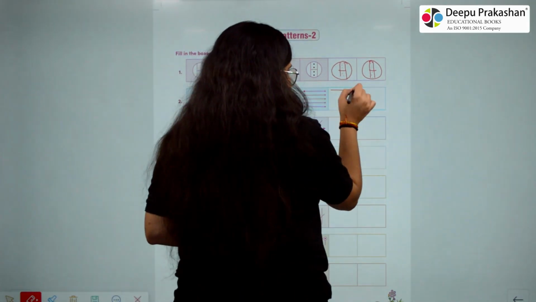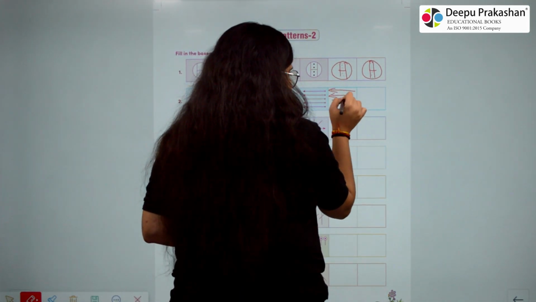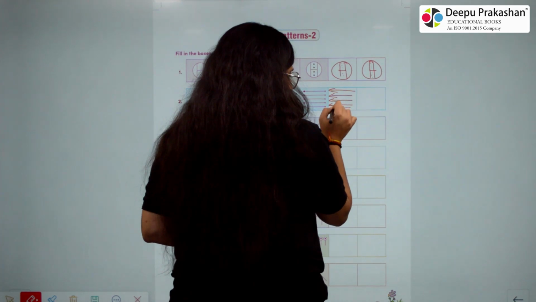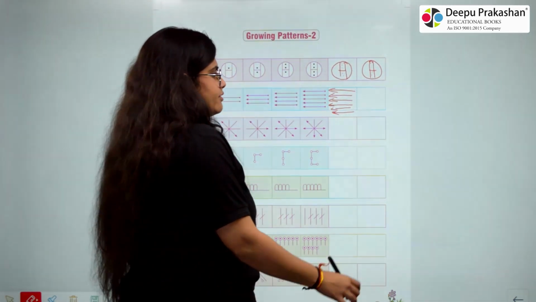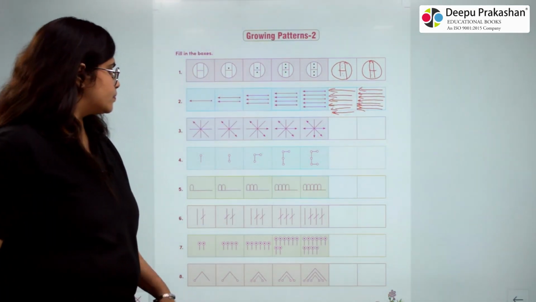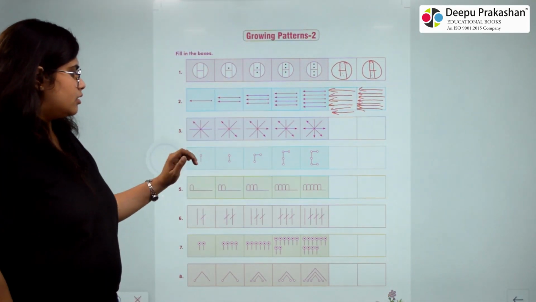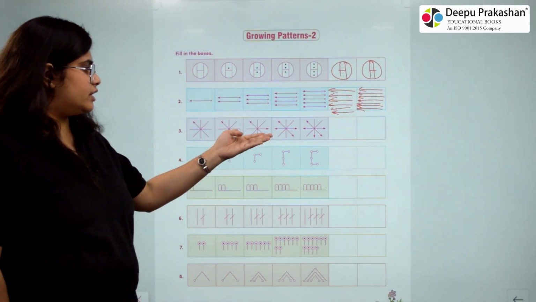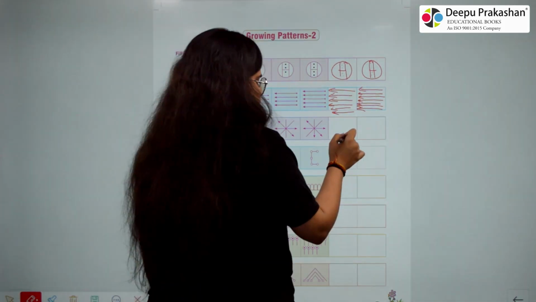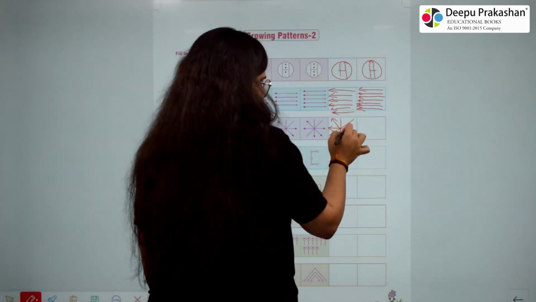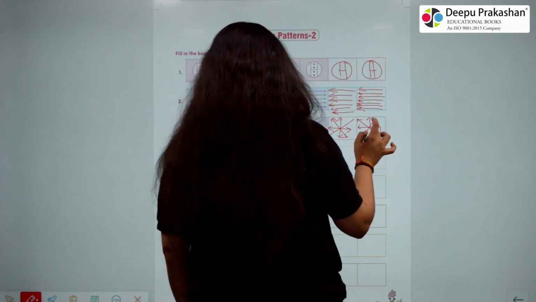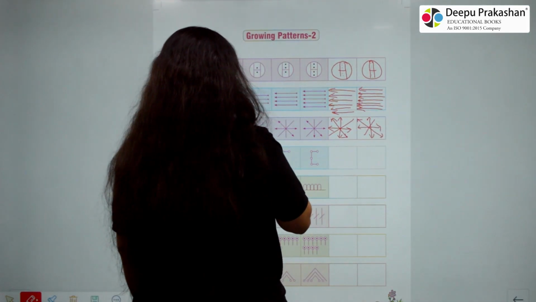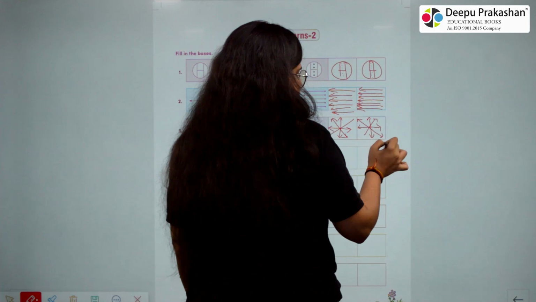So next one will have 6 arrows, and then 7 arrows. Okay. 3. Here we have 1 arrow, 2, 3, 4, then 5. So the next one will have 6 arrows. And after that 7 arrows.